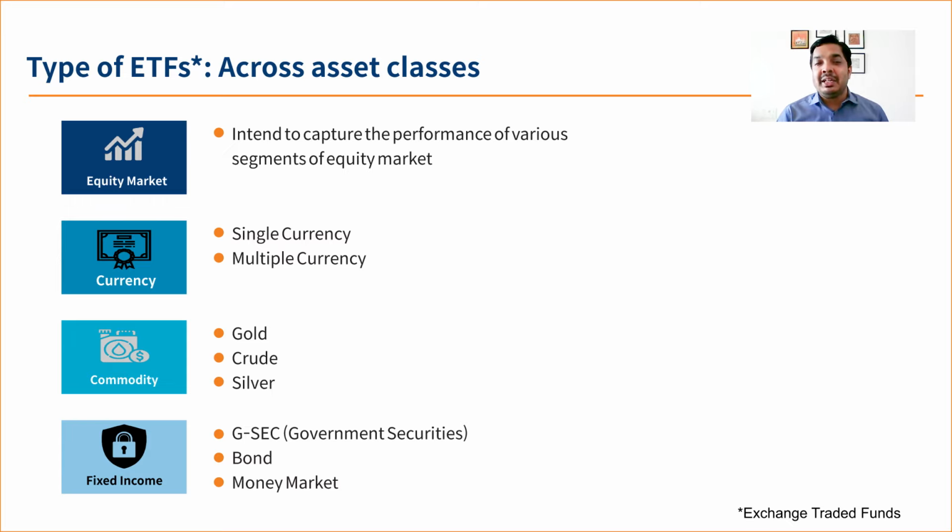ETFs can also be there on commodities, and in India we are very well aware of the kind of demand which is there for gold ETFs. But it's not just gold ETF in the commodity space, it can be based on crude oil, it can be based on silver. So while in India till now we haven't seen ETFs on these commodities, but globally they exist.